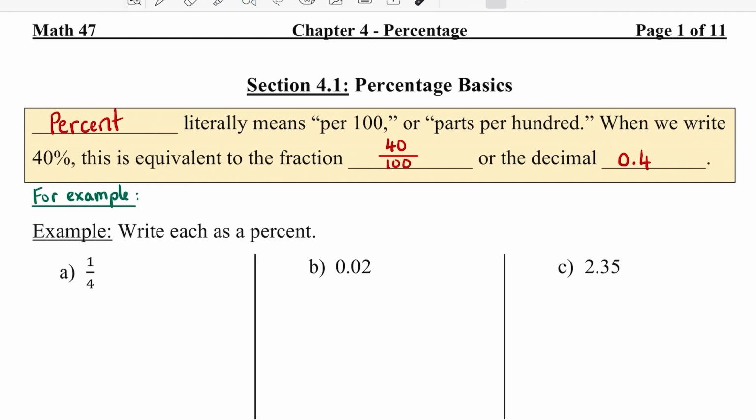For example, if I have 100%, this is equivalent to 100 over 100, and 100 over 100 is 1. The fractional form for 100% is 100 over 100. The decimal form for 100% is 1.